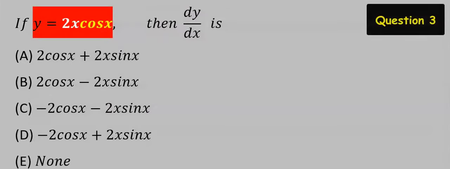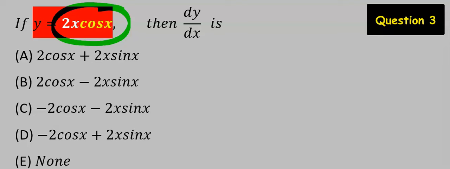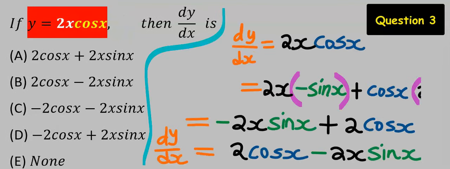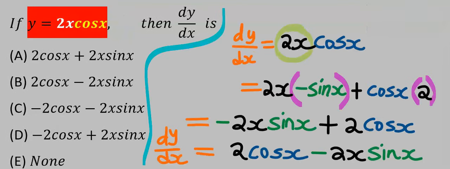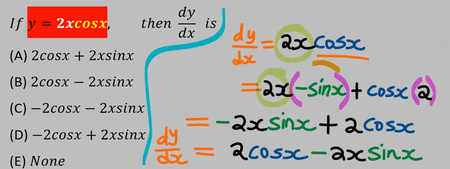Next, find the derivative of this function. To solve this, keep 2x constant and differentiate cos x. And from the basic derivative table, when you differentiate cos x, you're going to get minus sin x, which is this.